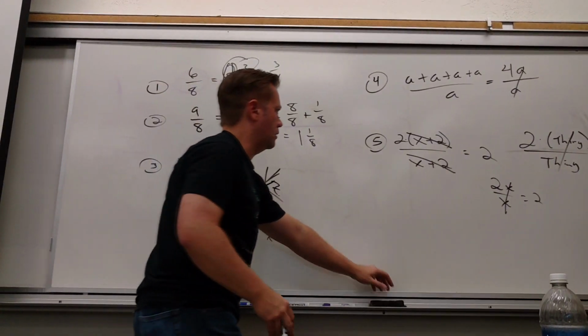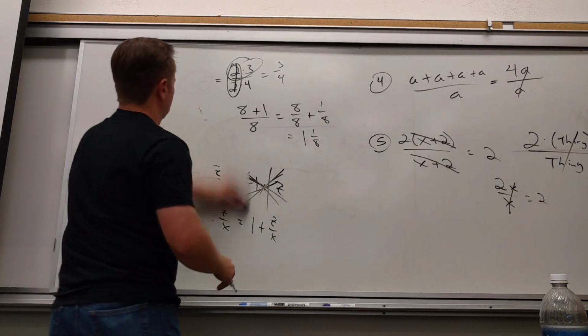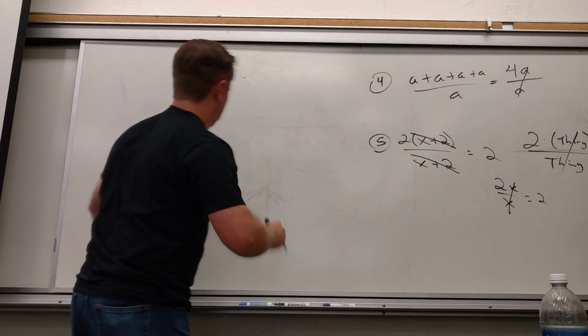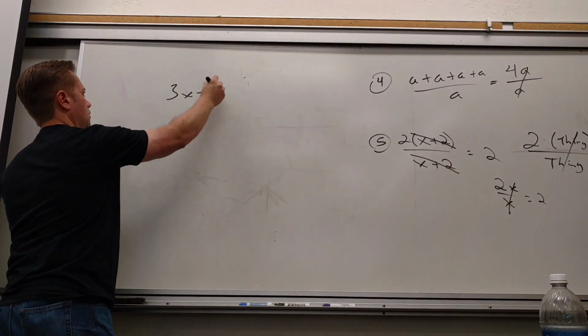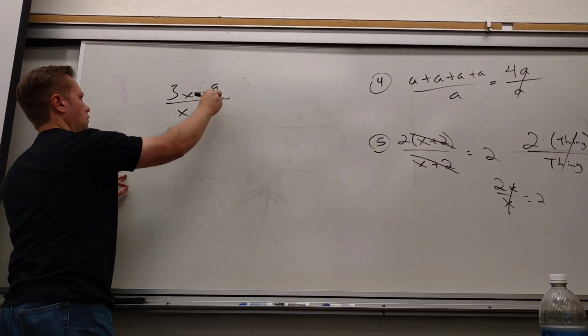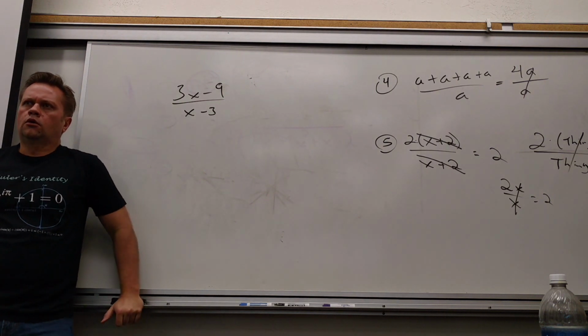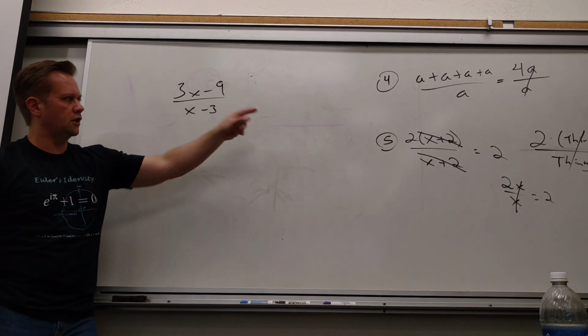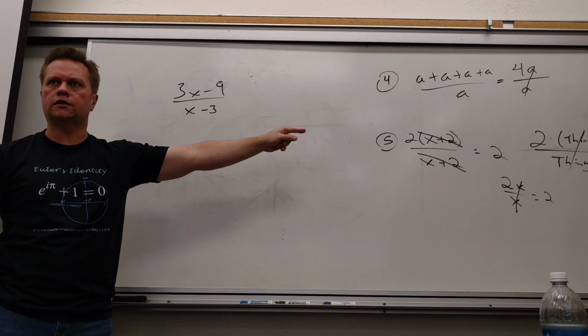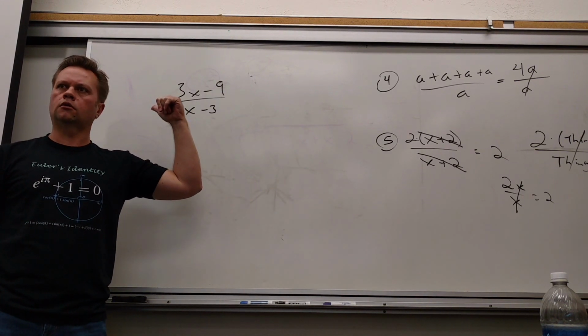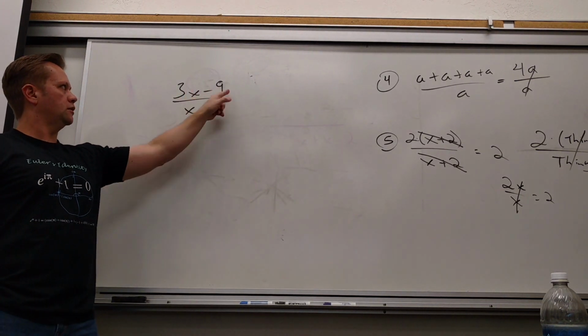So, if my problem started off as this, why is that different than what I just did? Why can't I do what I just did here? Because there's subtraction between them.